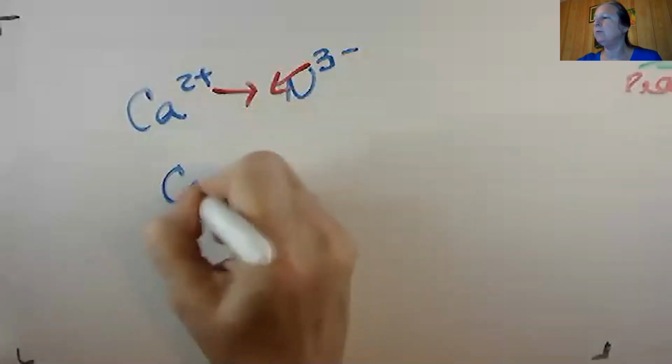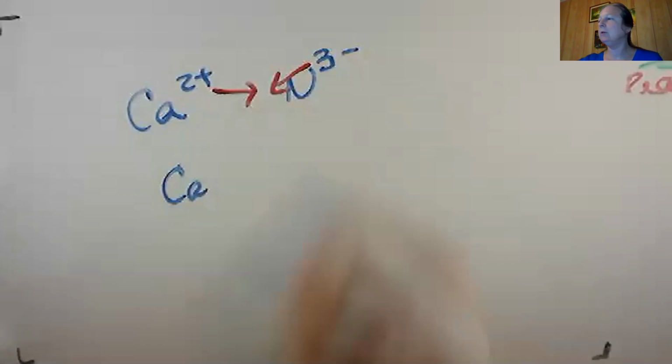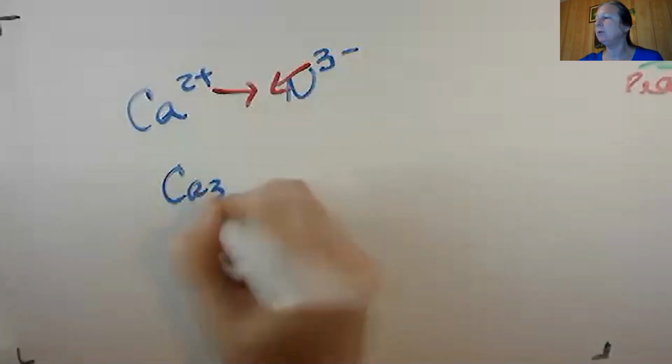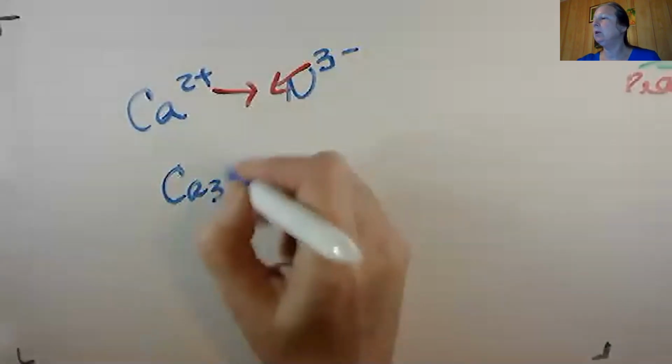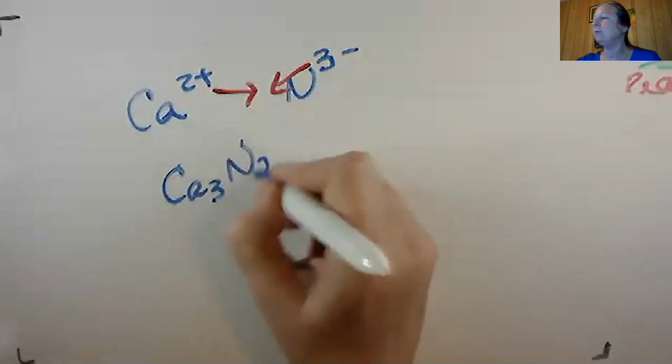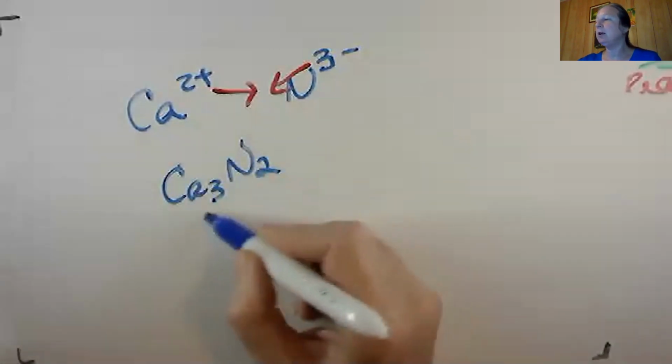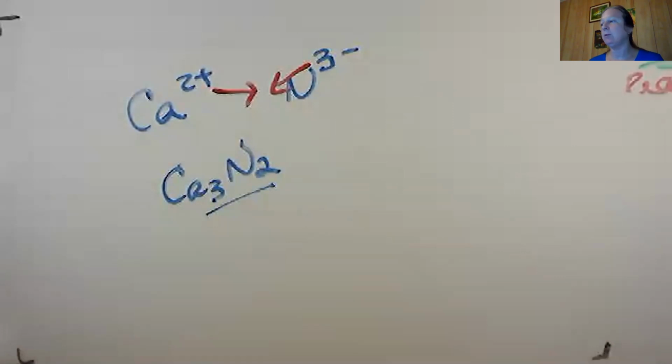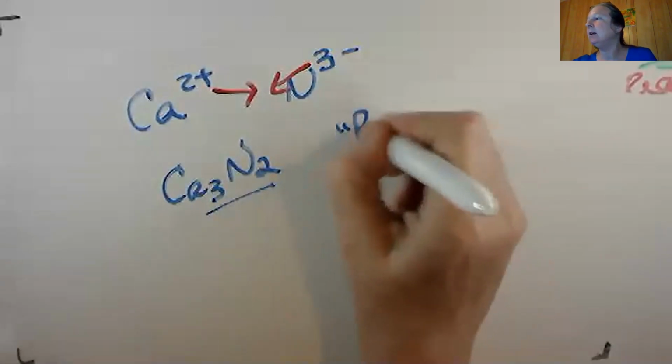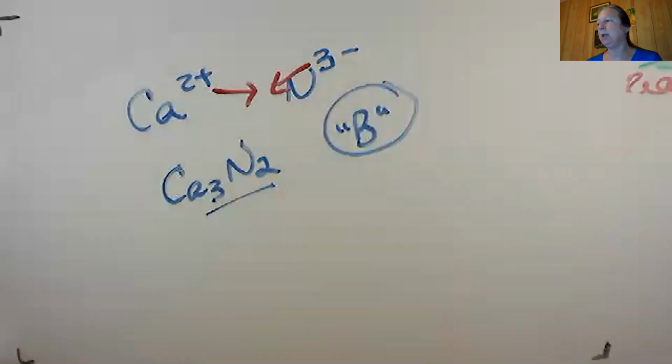You write your cation first. It's going to have nitrogen's charge. You write your anion. It's going to have calcium's charge. You check, is this the simplest ratio? Yes, 3 and 2, you can't break that down any further. And so if you were to go back and look at that slide, the answer is B.